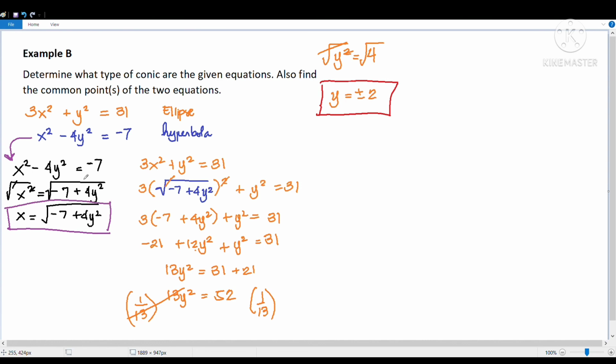I can easily substitute this value of y inside this root so that I could have a certain value of x. So I will be using x equal to square root of negative 7 plus 4y squared. So I have two values of x. I will be using first the value of y that is equal to positive 2.